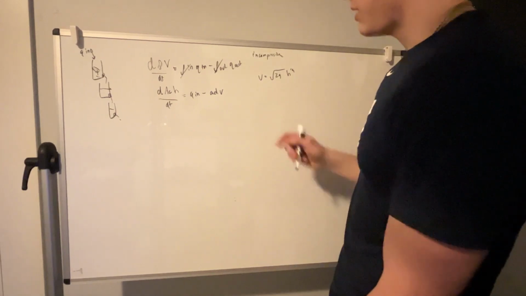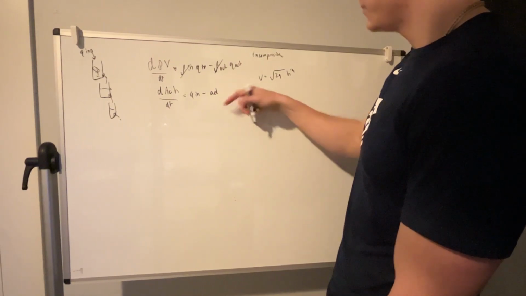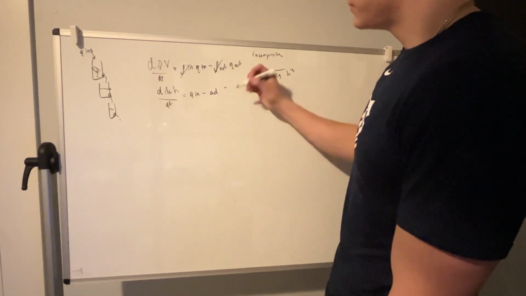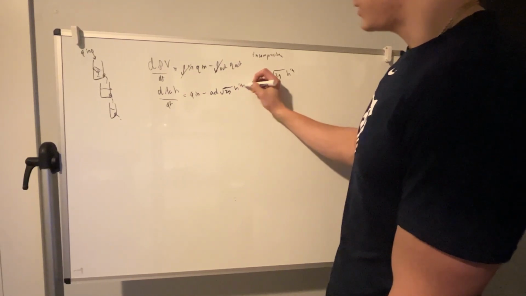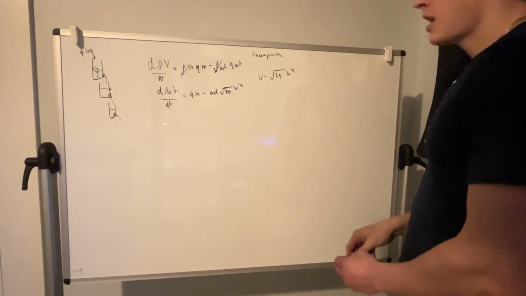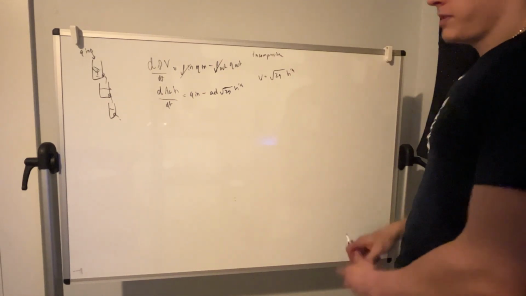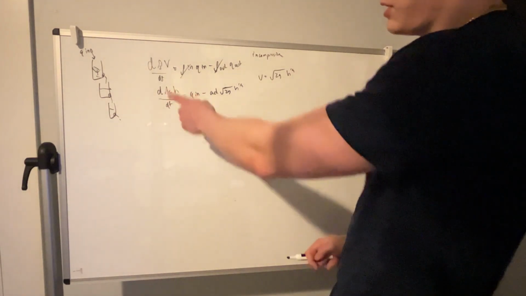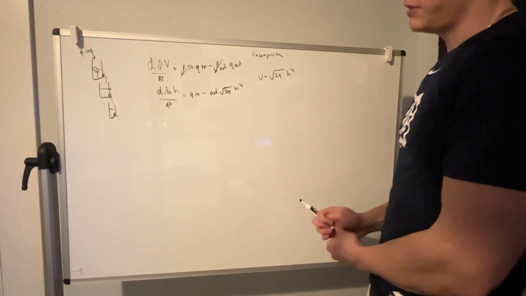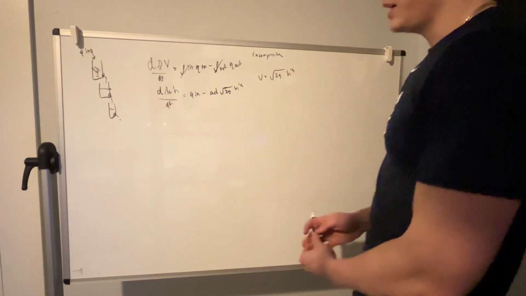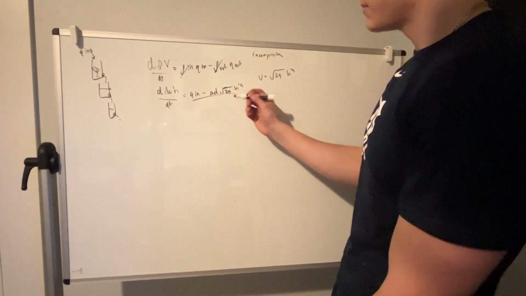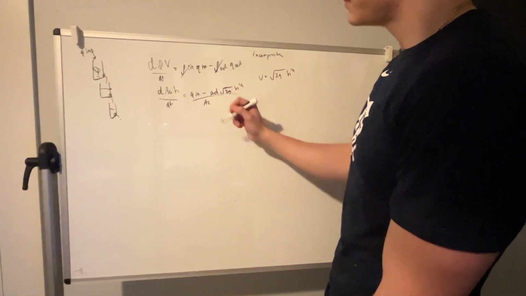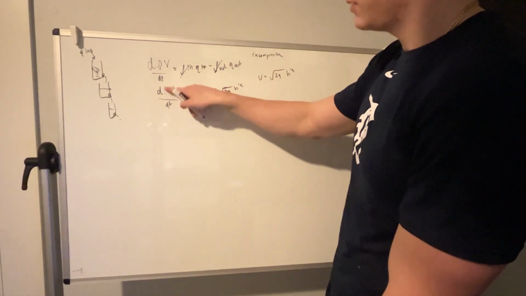So we can replace our V with the square root of 2g times H to the 1/2. Now that we have this, we can fairly simply solve for a differential equation for our change in height by dividing by AC.